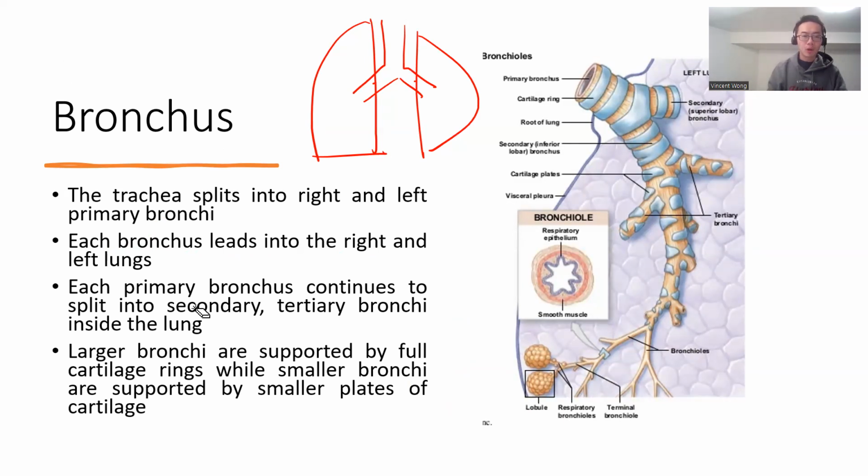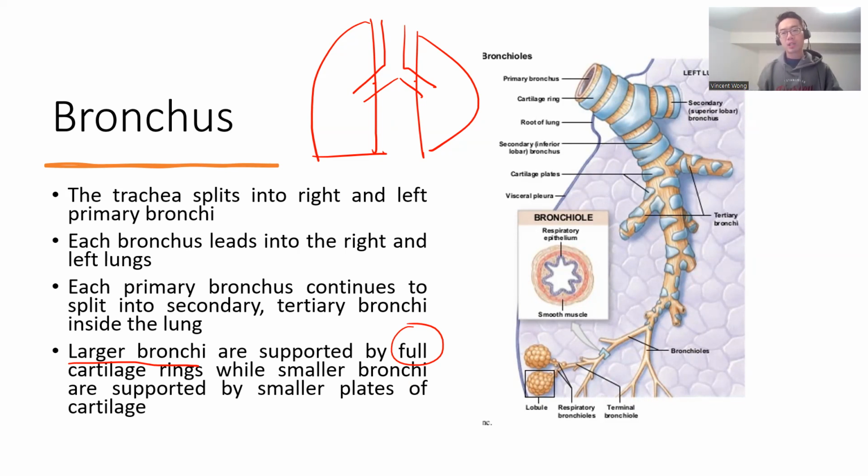The larger bronchi are supported by full cartilage rings. They're not C-shaped anymore because there's nothing behind them. You don't need to leave a little gap to make space for something else. There's no esophagus behind it, so it's a full ring.